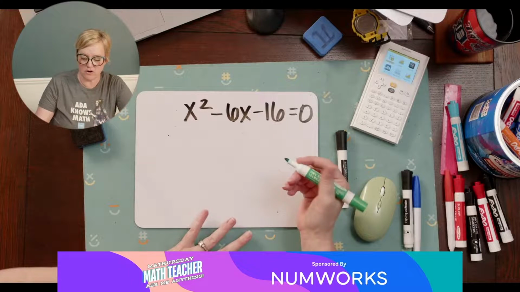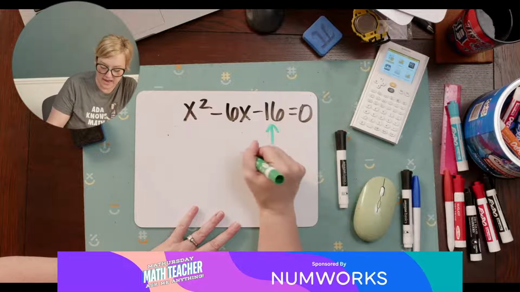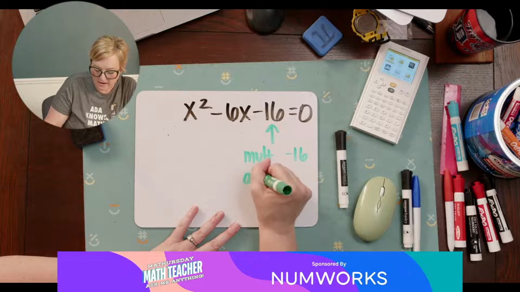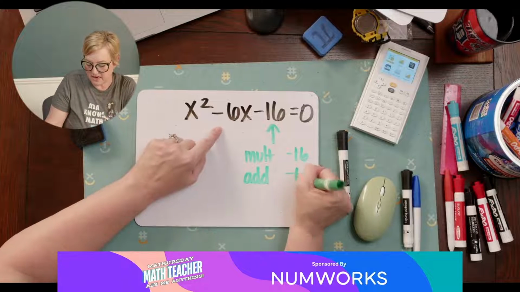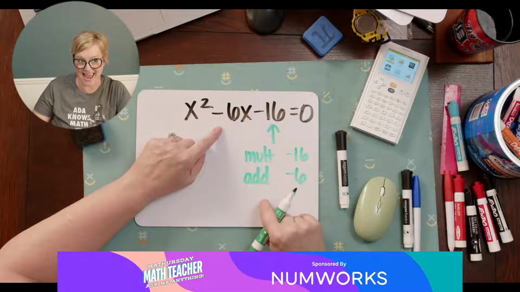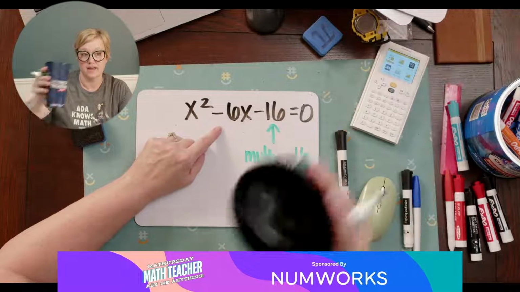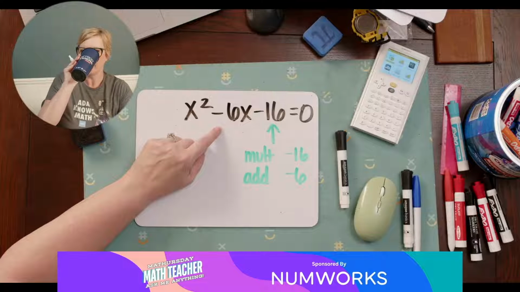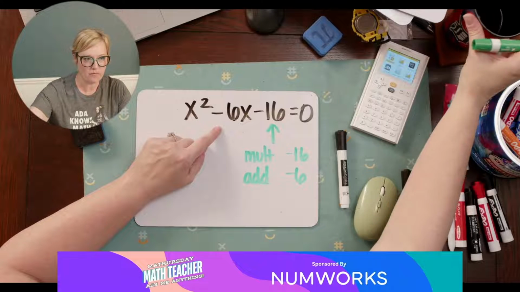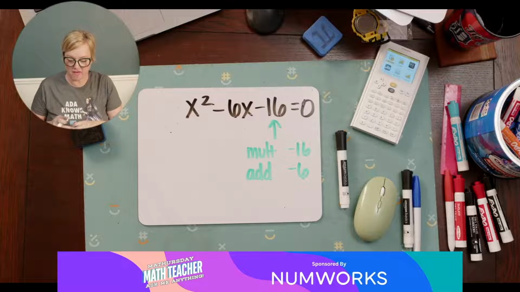So factoring, we look for what two numbers multiply to negative 16 and add to negative 6, which is my number here. It can be done. Negative 8 and positive 2. Good.